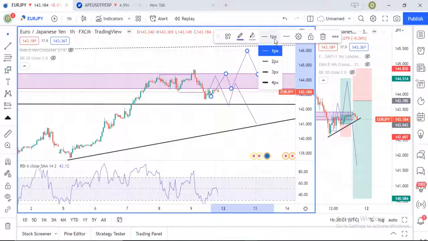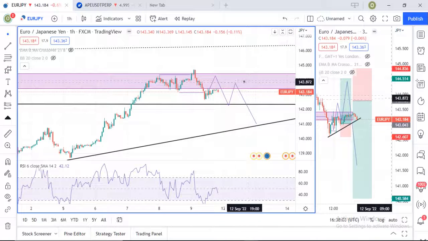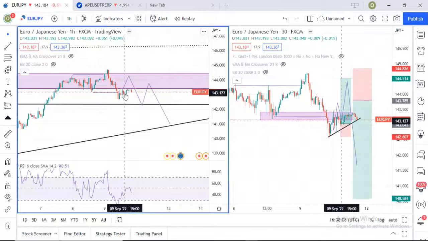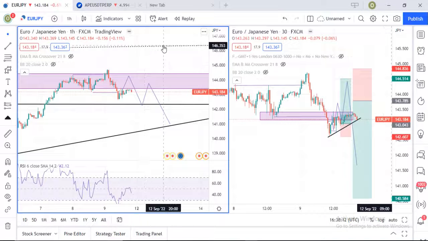So those are the 2 scenarios we're expecting next week. So this is what I am expecting, but we never can tell. Market is funny, it could continue in a higher trend.